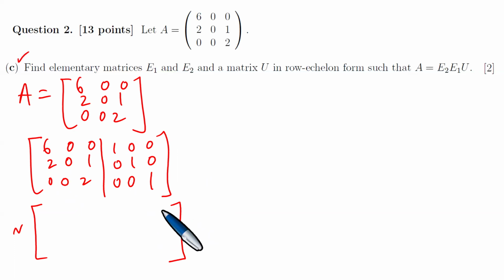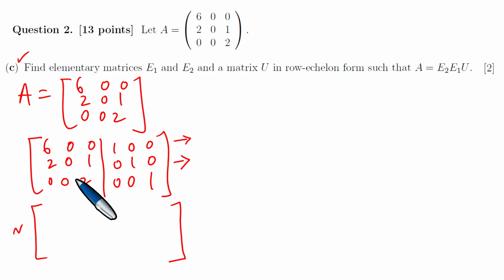What is the best way? Let me say, we maintain this row entirely, and we maintain this row entirely, and we wish to transform this particular row. How can that be done?